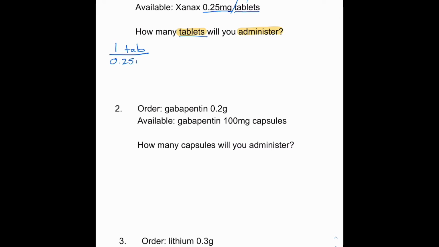0.25 milligrams. All right, so in dimensional analysis, the goal is to get tablets by itself. But, as you can see, we still have milligrams, so we need to get rid of the milligrams. In dimensional analysis, how we get rid of the milligrams is we need to get them canceled out.